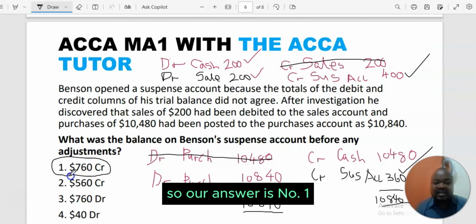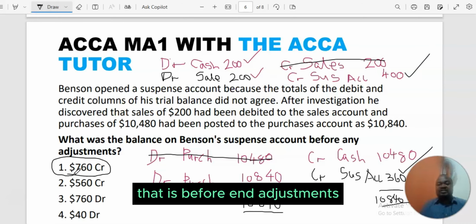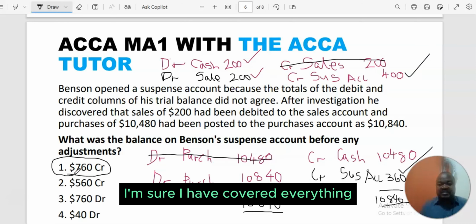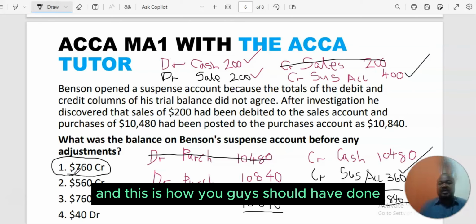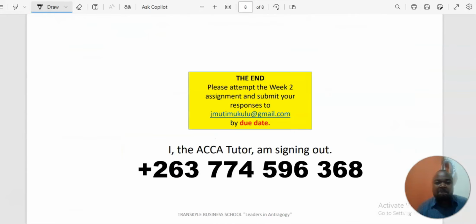So our answer is number one, that is before end adjustments. I'm sure I have covered everything, and this is how you guys should have done these questions.